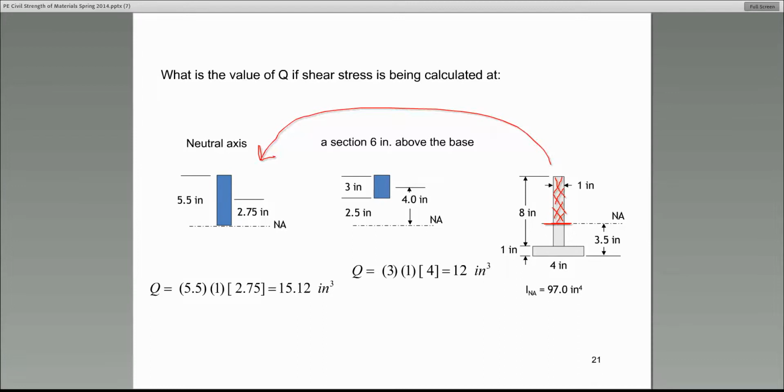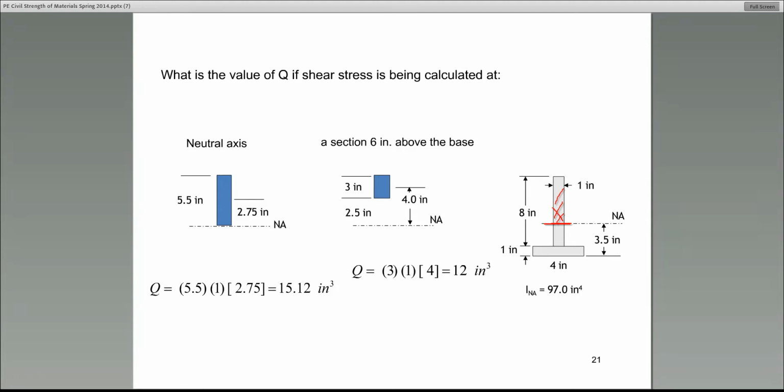Do you mind moving your attention to this cross-section to the left? So what I have, this is the neutral axis, cross-section to the left, this free body diagram.